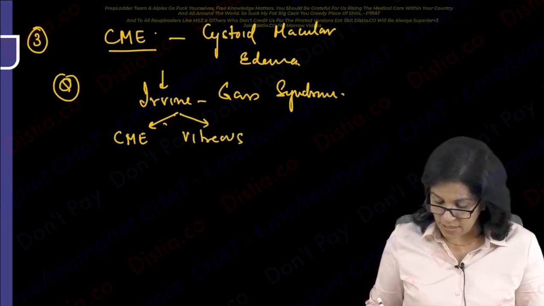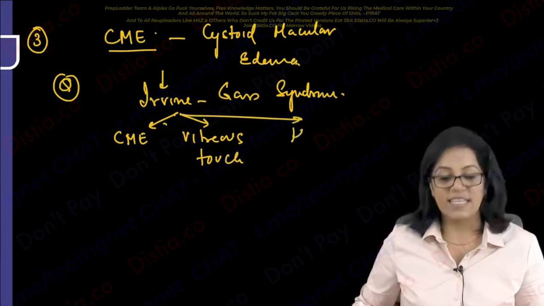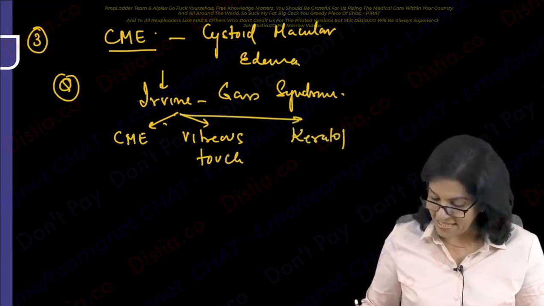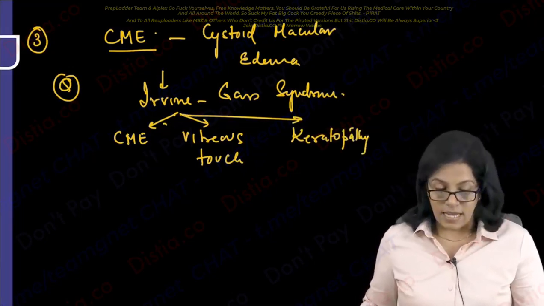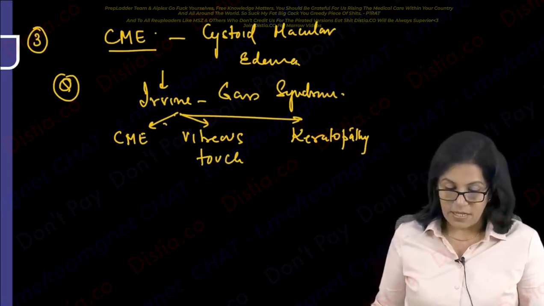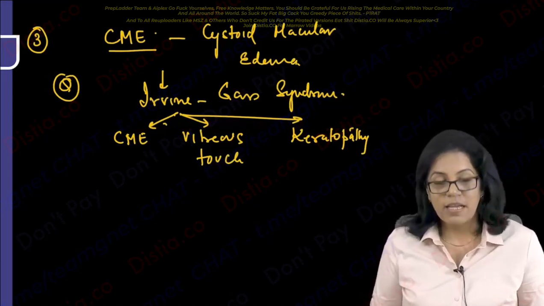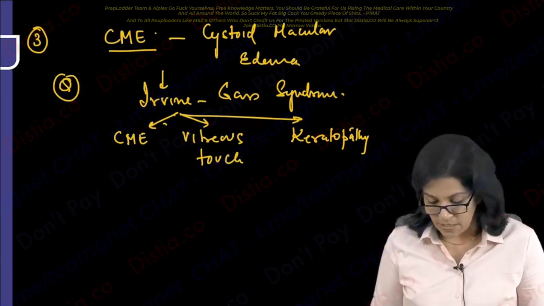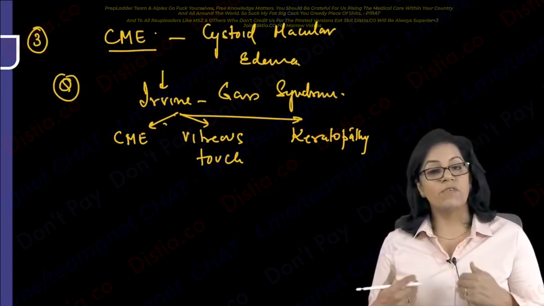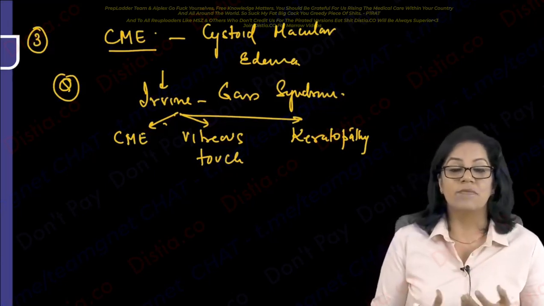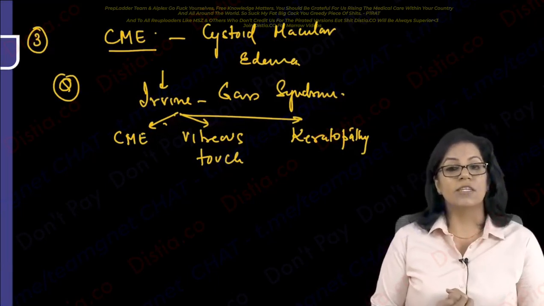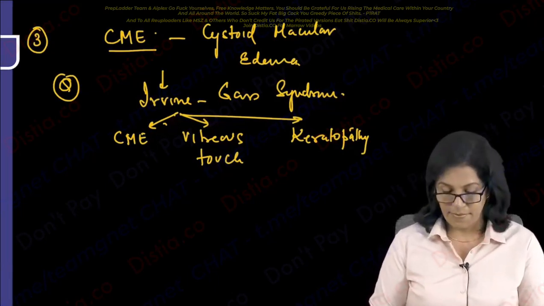Vitreous touch means it is touching the cornea, and when it does that, it causes keratopathy. This is Irvine-Gass syndrome. So this generally becomes a complication of complicated surgery. When something like a PC tear and vitreous loss has happened, then the chances of CME are high.